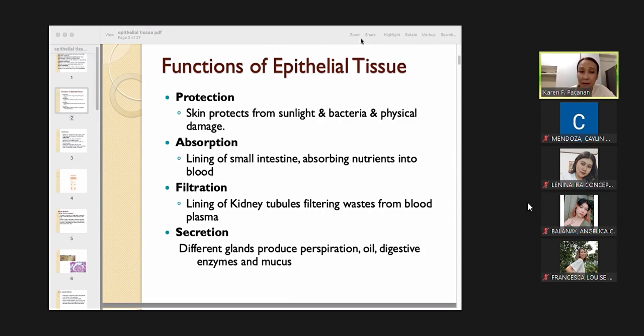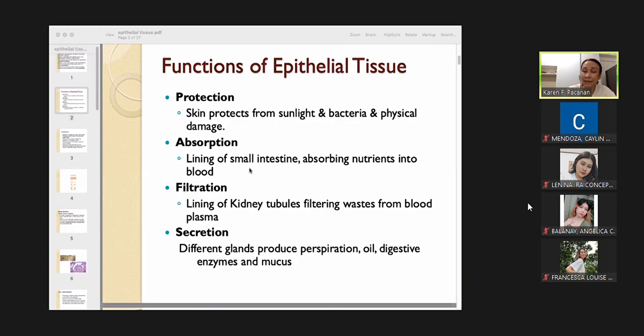So it has several layers of cells, thus it would offer protection. Okay, so this is a good example. The lining epithelium of the skin, which is said to be keratinized stratified squamous, that's specialized for protection.